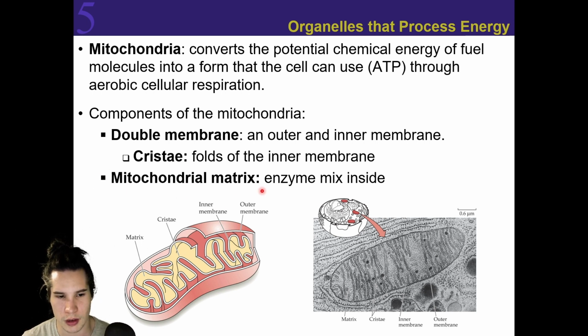And then lastly, we have the mitochondrial matrix. The mitochondrial matrix is just going to be the pulpy juice within that inner membrane of the mitochondria. And that's going to contain all of the enzymes associated with pyruvate oxidation or the citric acid cycle.